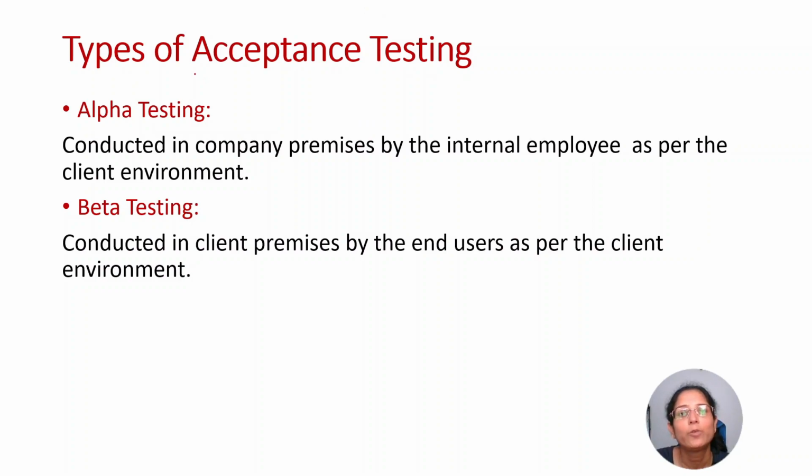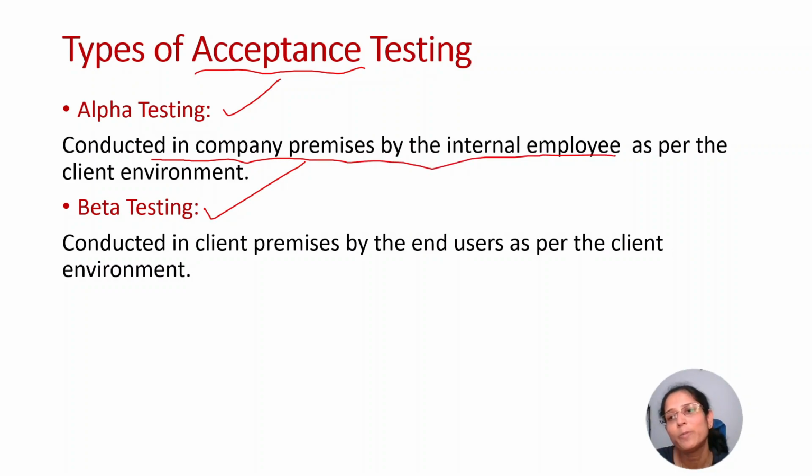Now let's understand the different types of acceptance testing. Acceptance testing is basically of two types. One is alpha testing, the second one is beta testing. In alpha testing, the testing will be performed on the company premises by internal employees or the testing team, as per the client environment.